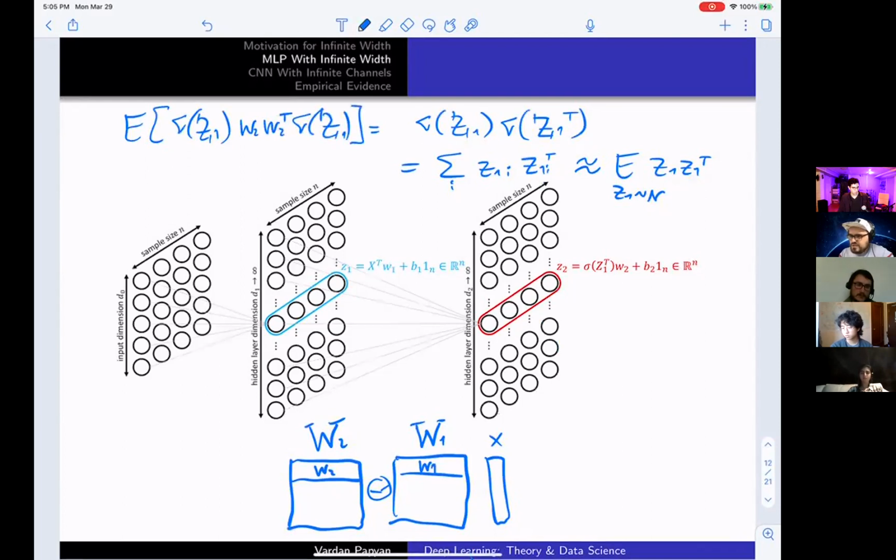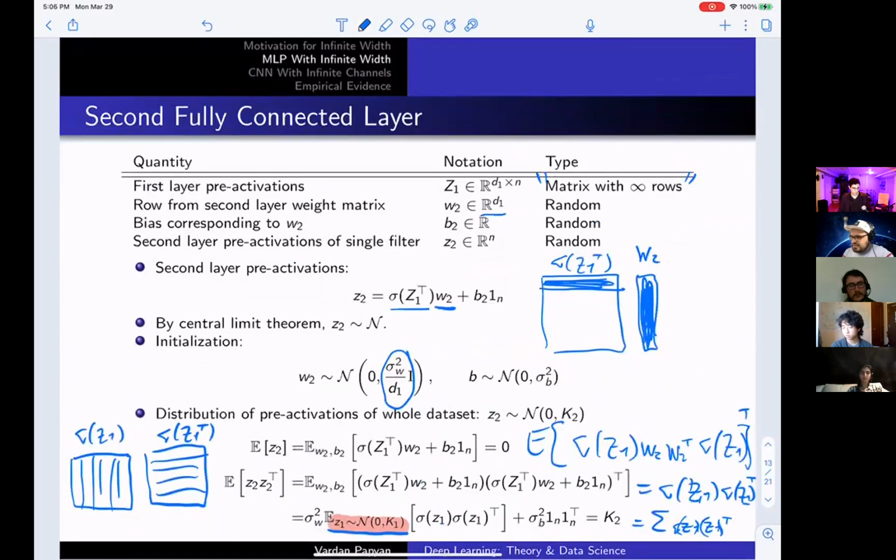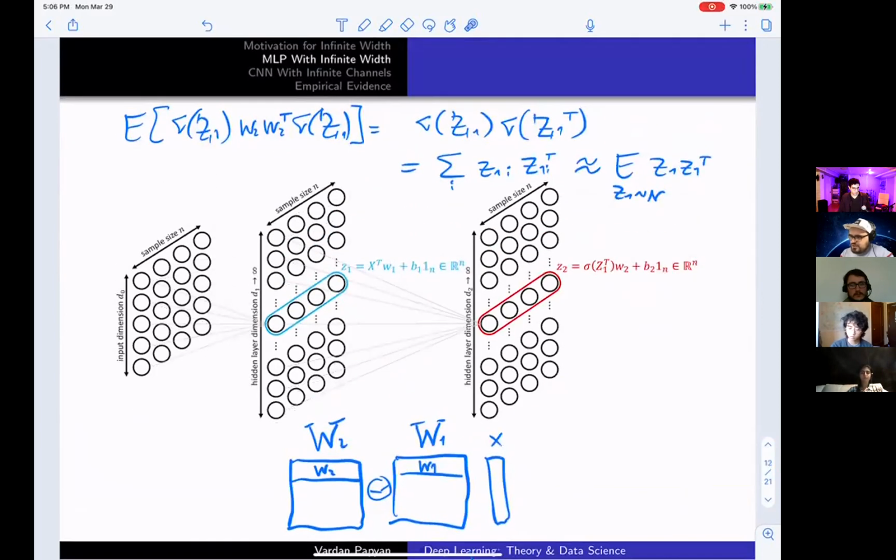Now, if you remember, we said that the expectation of W2 transpose is an identity multiplied by a scalar. Now, the scalar is the scalar that's written here. So it's 1 over D1, and that's literally the one that you would need in order for this sum to be non-blowing up.